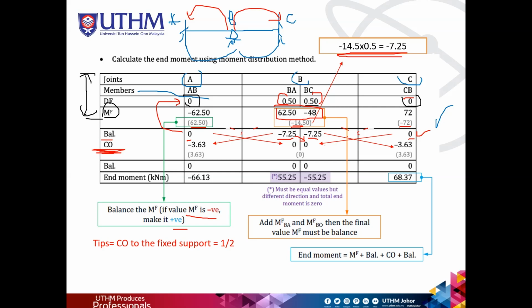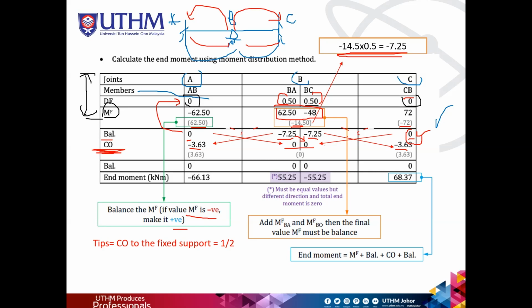So 7.25 we divide by 2. Then we have negative 3.6, and this one also negative, and this one C we can carry over to support C. So that's why if you look at here, the value is 0, because the original value is 0.